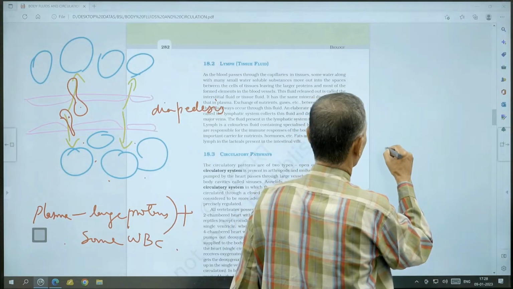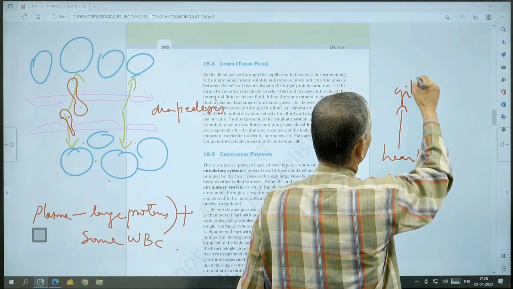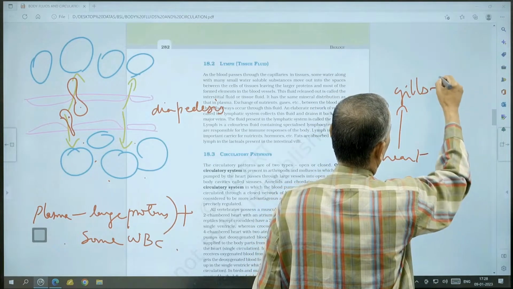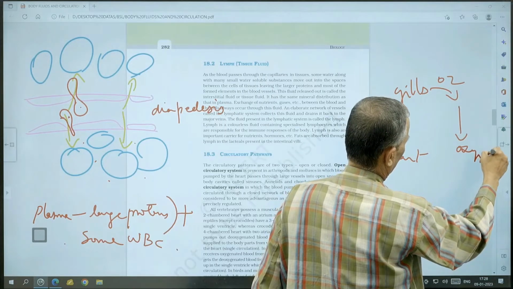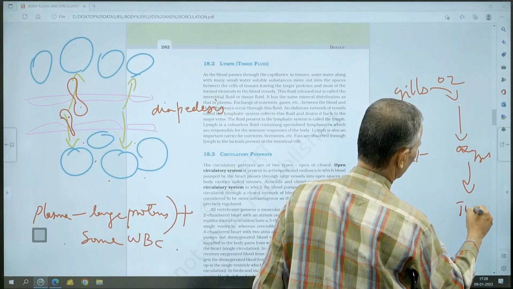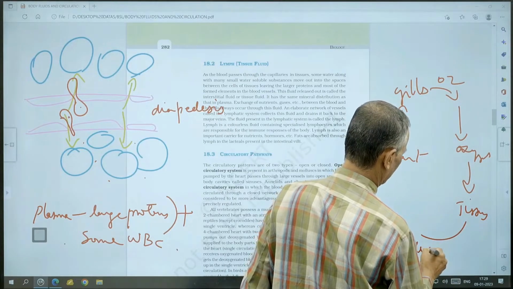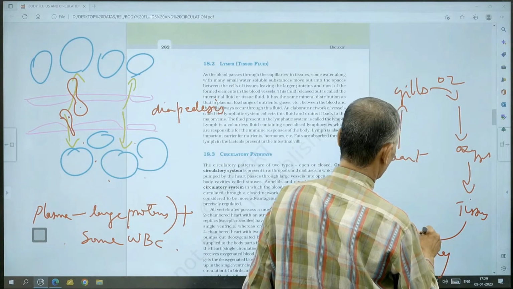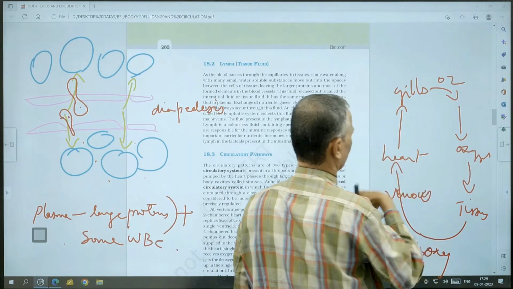From the heart, impure blood is taken to the gills and becomes oxygenated, and the oxygenated blood reaches different tissues, and after becoming deoxygenated, the venous blood always enters into the heart.